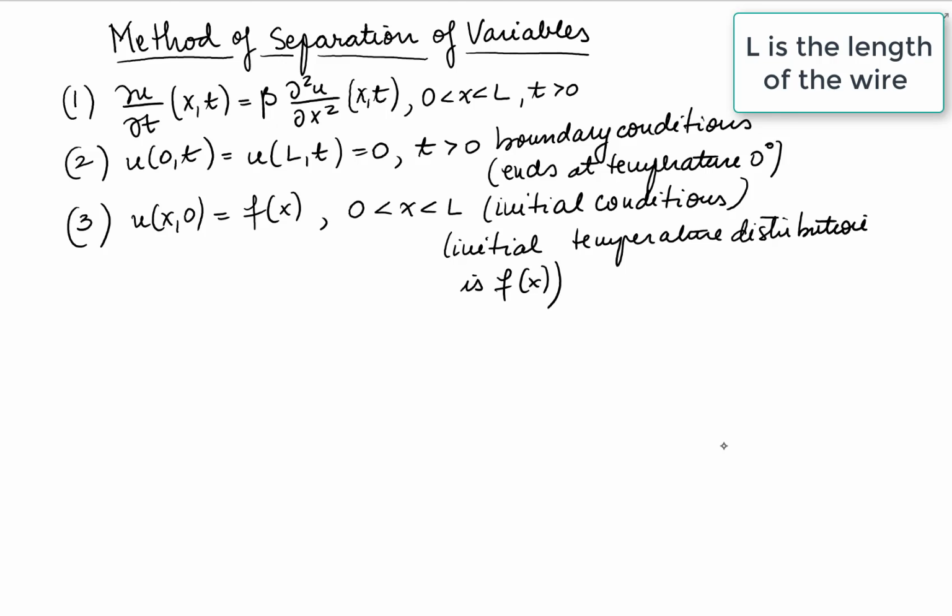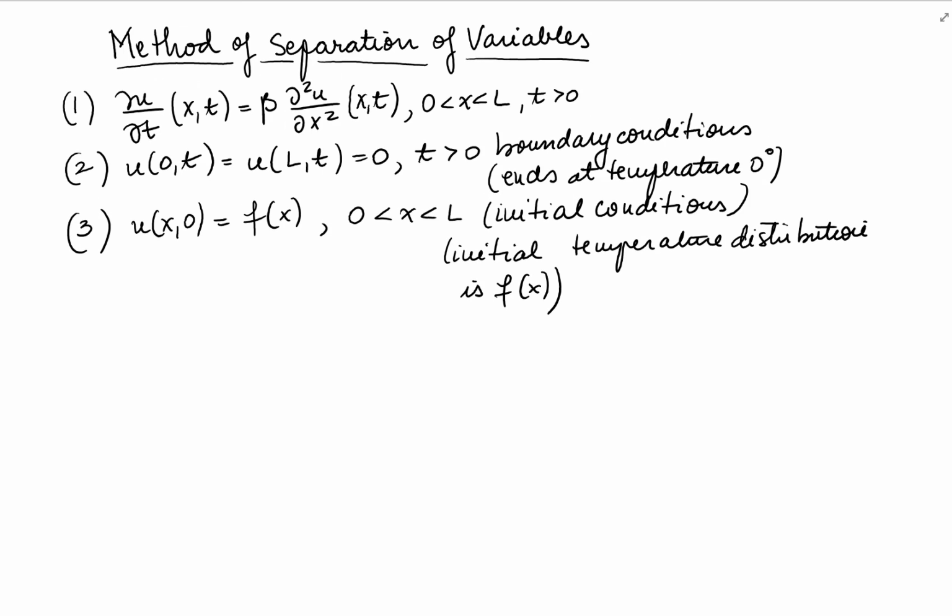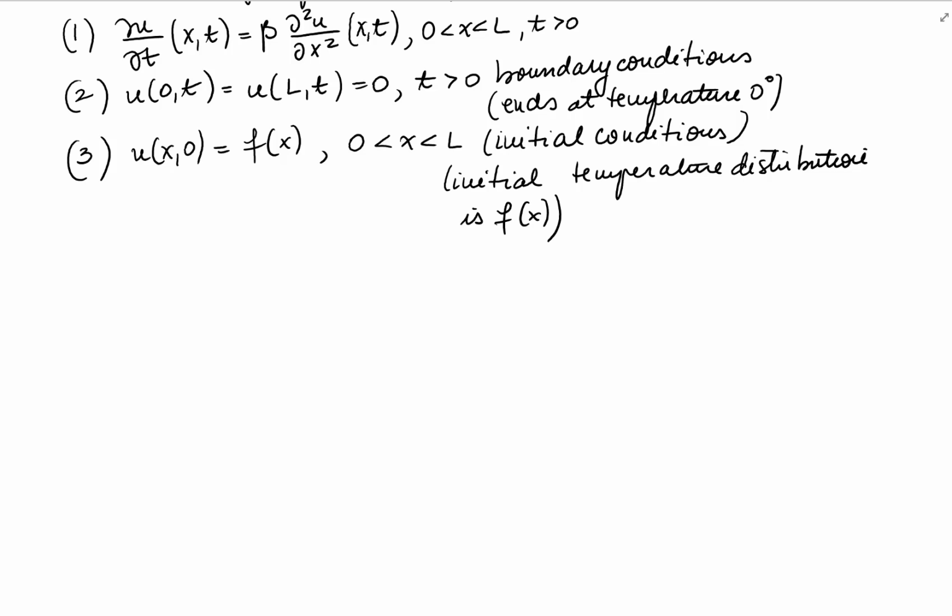So let's work out this problem using this method called separation of variables. Let's assume that u(x,t) is a function that can be written X(x), let's make the x little x, times T(t).